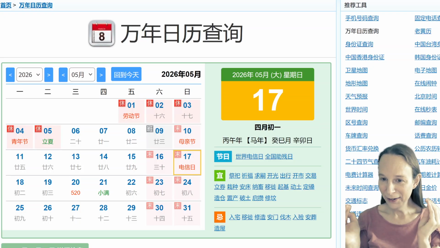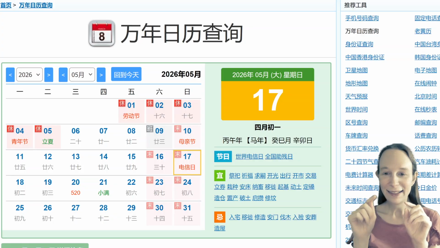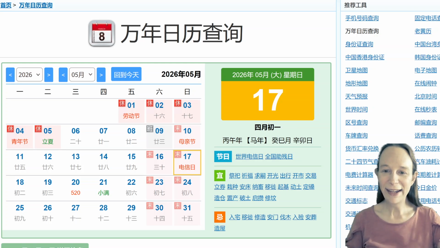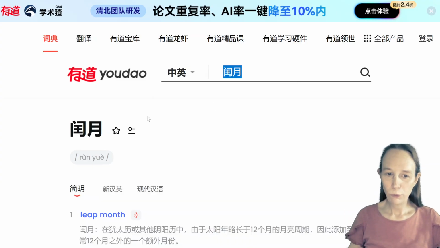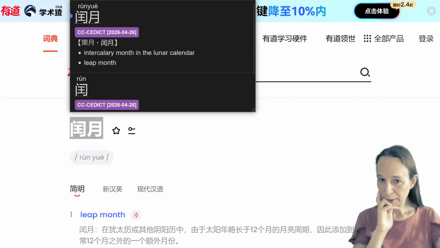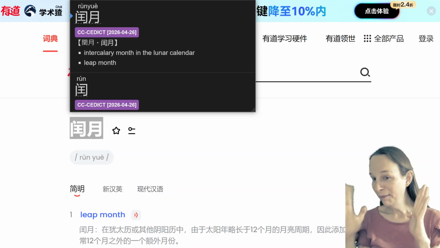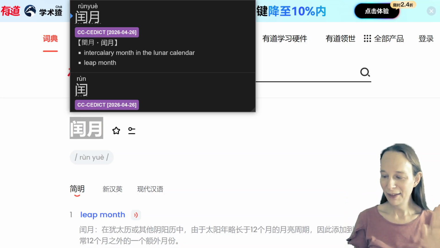So what do we do? We slip in a leap month every now and then. Leap month is a 闰月. So maybe 3 years in a row there are no leap months, and then 1 year we have a leap month, right?